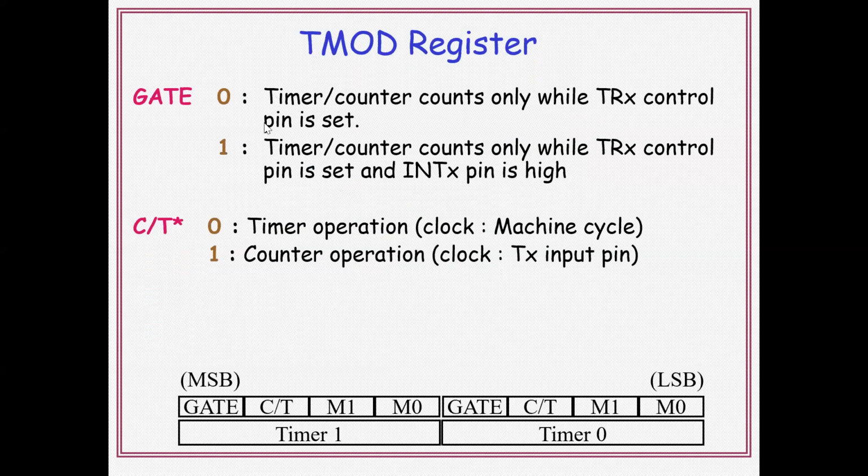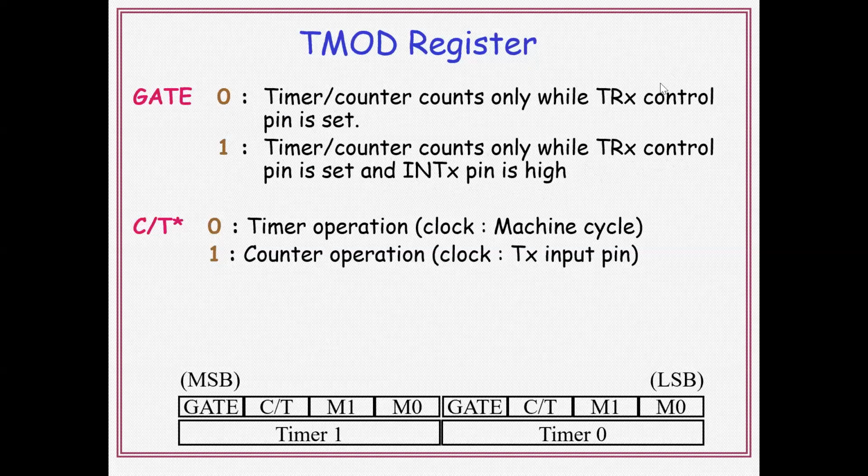Next one is the TMOD register bits. Gate 0, as already discussed: if it is 0, the timer or counter counts only when the TR0 or TR1 control bit is set. If the gate bit equals 1, the timer or counter counts only while the TR0 or TR1 control bit is set and, in addition, the INT0 or INT1 pin is high, because 0 indicates internal selection and 1 indicates external selection.